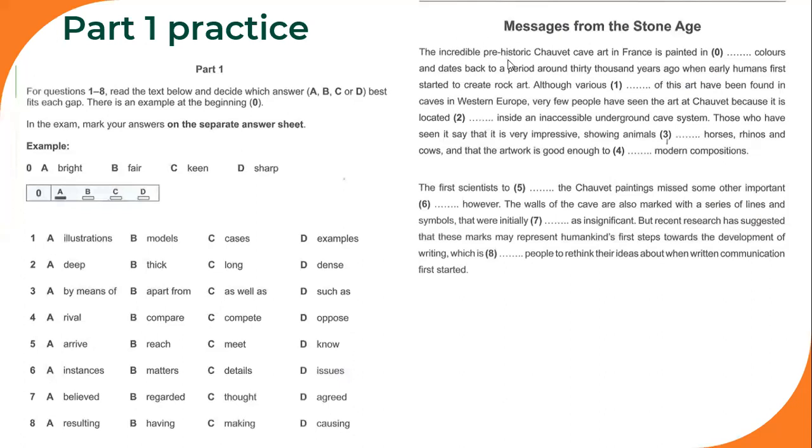The incredible prehistoric Chauvet cave art in France is painted in bright colors and dates back to a period around 30,000 years ago, when early humans first started to create rock art. So let's read it first together without looking at the options, okay? So we read it with the gaps, and then you can have some time to analyze it and select your answers, okay? First, let's read it with the gaps without giving any answer.